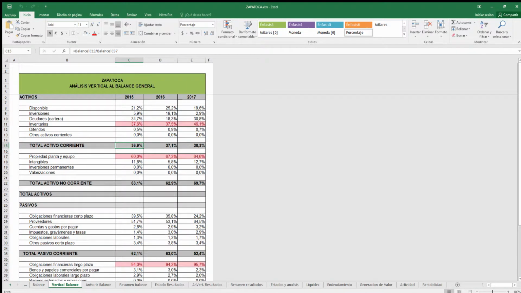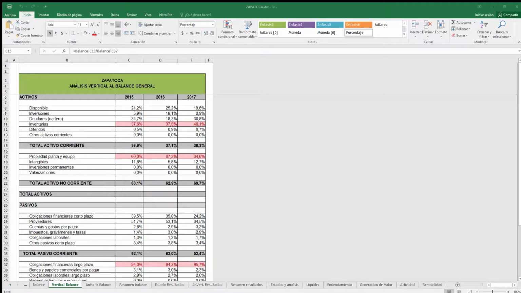Now we are seeing the vertical analysis of the general balance of the company. This analysis is done exclusively based on the percentages that arise from dividing each of the asset or liability accounts by their corresponding total.